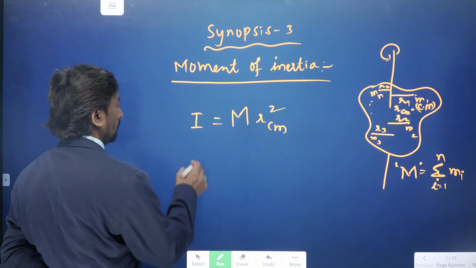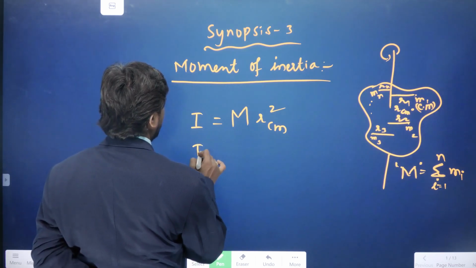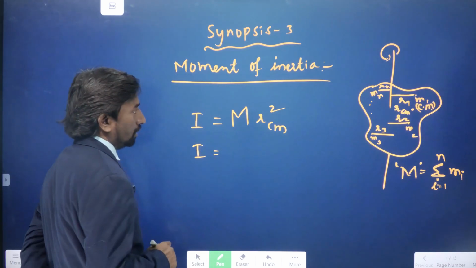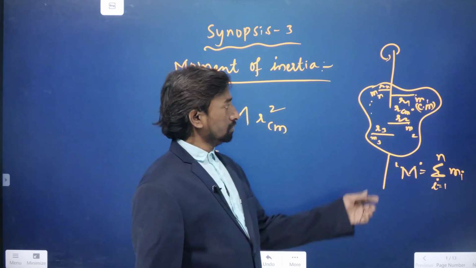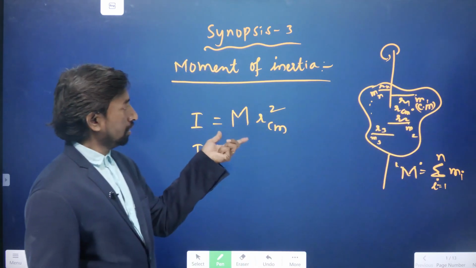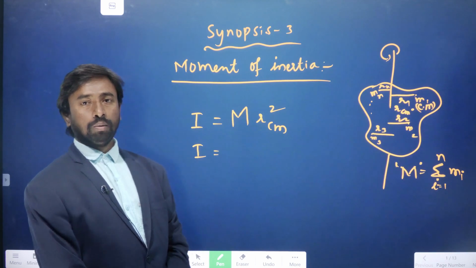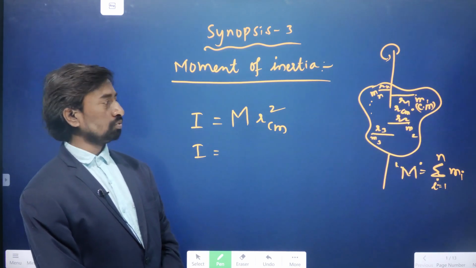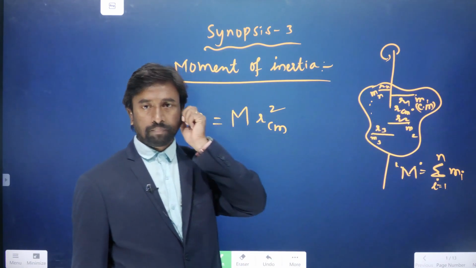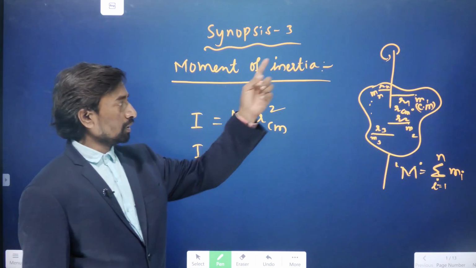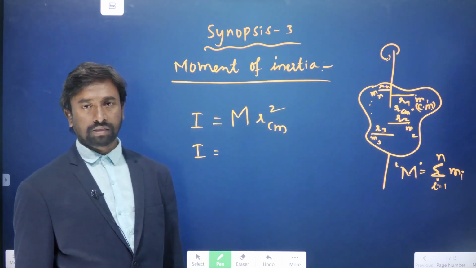Now the moment of inertia of this whole rigid body is equal to the sum of the moments of inertia of the individual particles of the body moving around the axis of rotation.